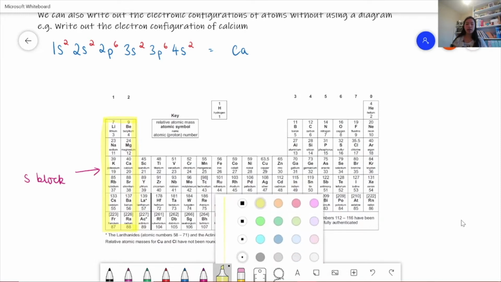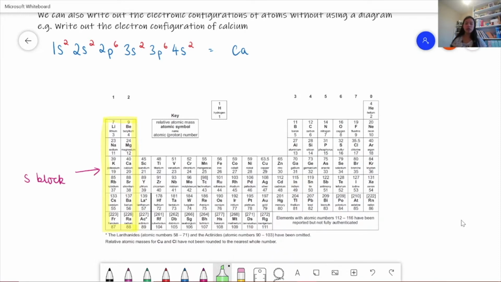And then we have the block in the middle, which is all the transition metals. And this block is what we call the D block. So all of their outer electrons are in a D orbital.